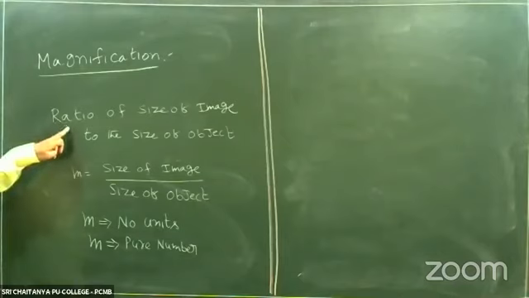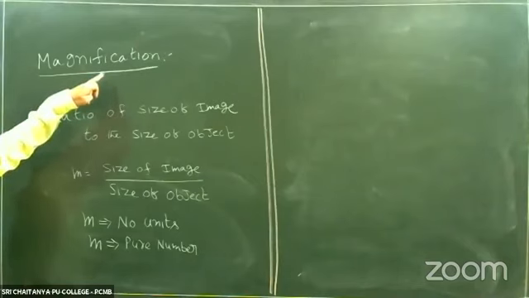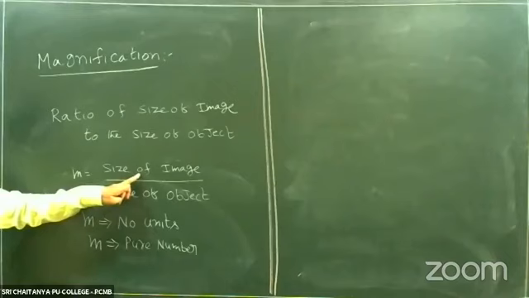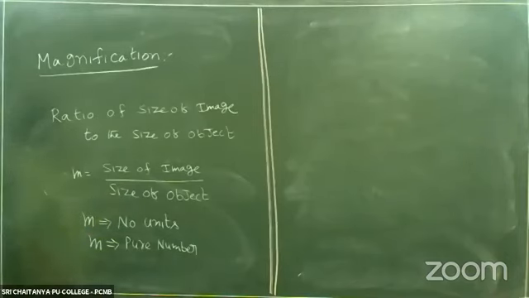The ratio of the size of the image to the size of the object is called magnification. Small m is equal to size of the image by size of the object. Because it is a ratio of the same quantities, there are no units. It is a pure number.